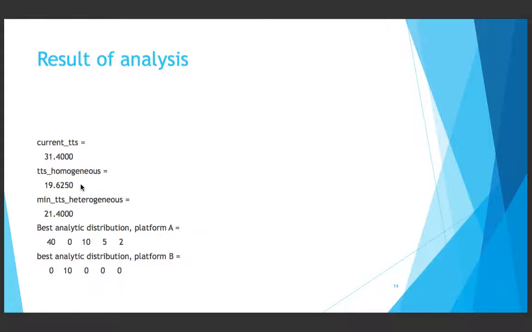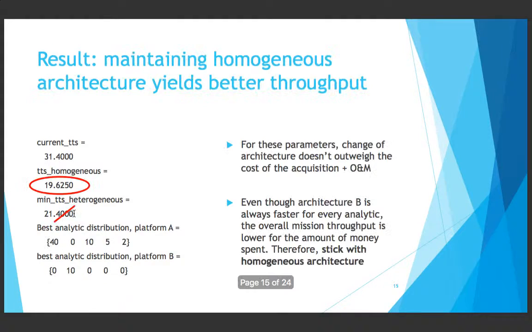And so I just did a brute force search through all the different permutations of those parameters, and it turns out the workload gives the minimum time to solution when one of the applications runs on B and everything else stays on A. So with that configuration of some of the jobs running on A and one of them running on B, the minimum time to solution is 21.4 hours. Because that value is larger than the time where I just had more of A, it makes sense to buy more of A.